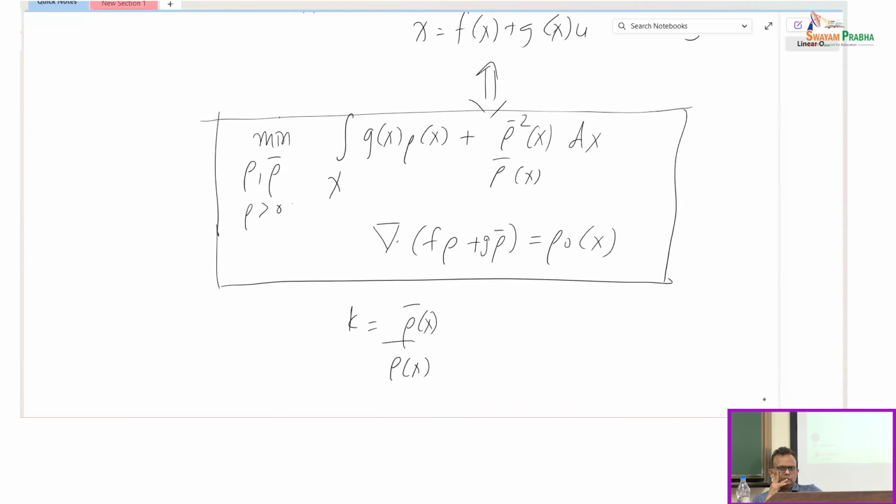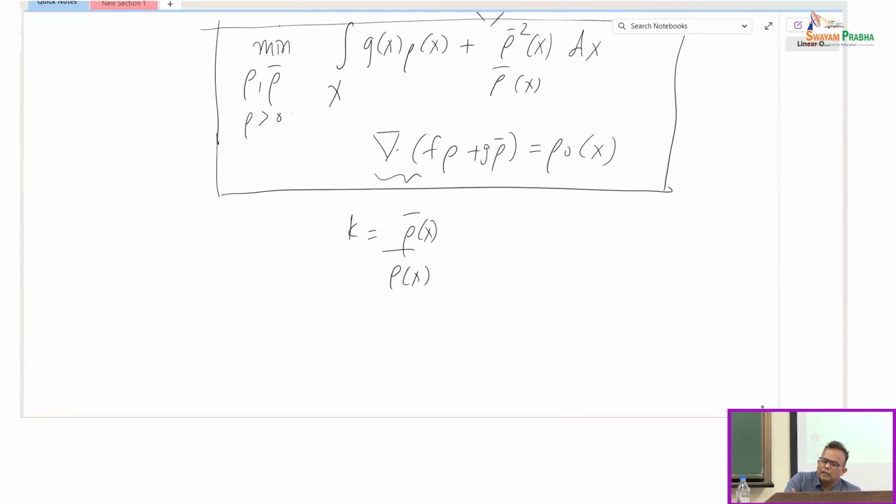So this is a convex formulation of the non-convex optimal control problem in the dual space of density. Now, the divergence of F rho is the Perron-Frobenius operator of F, and the divergence of G rho is the Perron-Frobenius operator for G. This is where the Perron-Frobenius comes in.